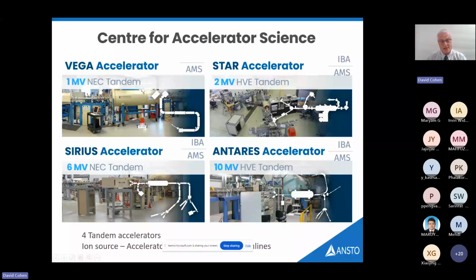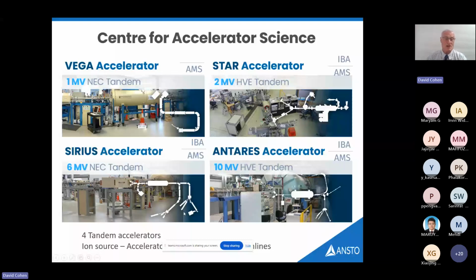So the tank here is charged up to plus 6 million volts. And then you have several high energy beam lines. And I'll talk about these more in a minute. This one here is an accelerator mass spectrometry beam line. And this one here is an IBA beam line. And we have these end stations at the end here where you perform the experiments.